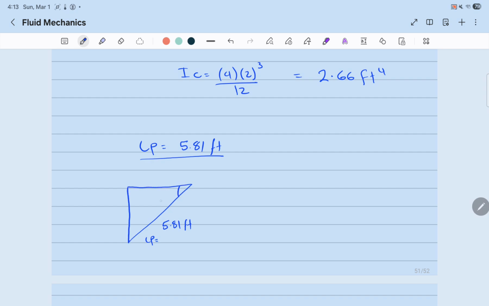My drawing is not the best, but hey, we'll work with it. It's very important to label your givens and unknowns. It makes it easier to solve.